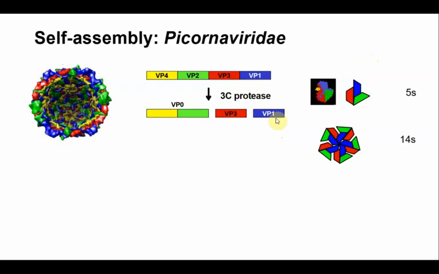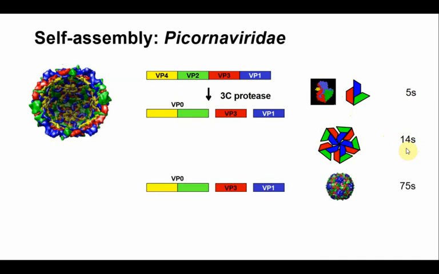Because they were all stuck together right at the beginning. So this slightly modified form of the capsid protein tetramer can associate together. So you get 5 copies of this to form a pentamer. And that's what's called the 14S particle. Now, the 14S particle can associate together into an immature virus capsid.